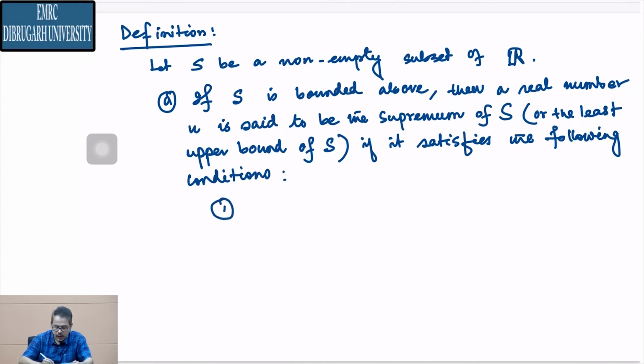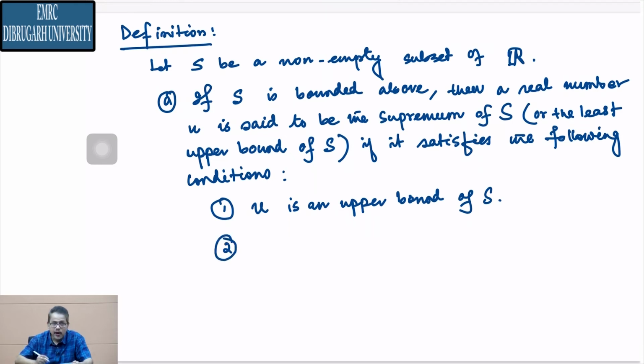What are they? The first one is U must be an upper bound of S, and U must be the least among all these upper bounds. How can that be defined?